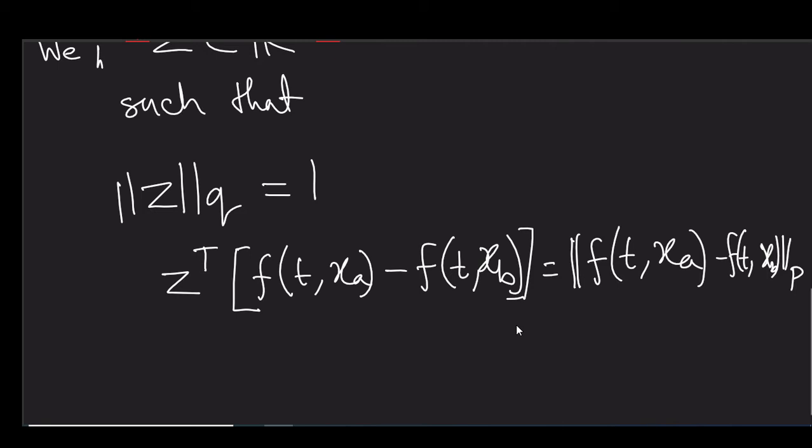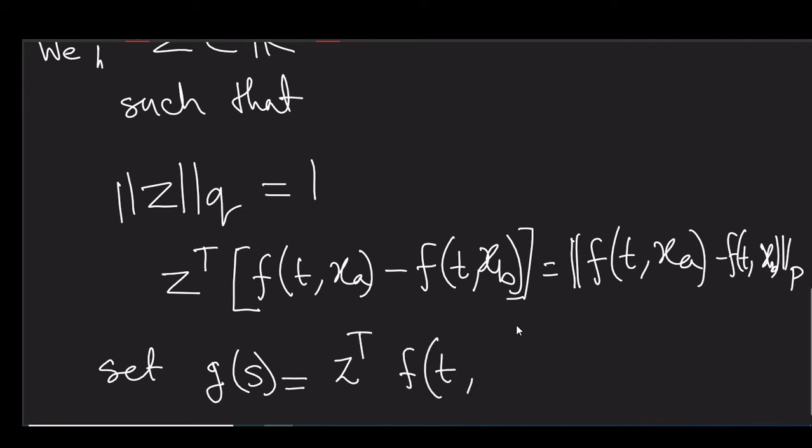Now let us do one thing: we set G of S in such a manner that it is Z transpose f of t comma gamma S, where gamma S we have already defined. Now by definition, G of S is a real valued function.